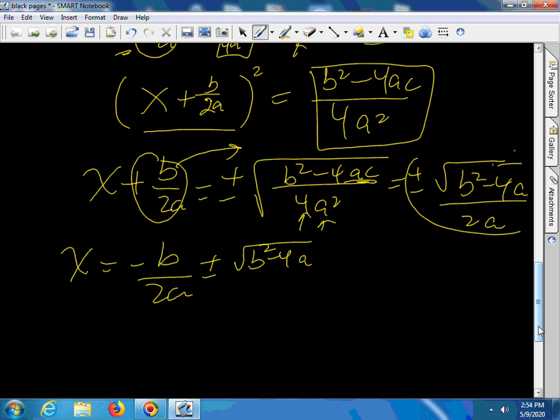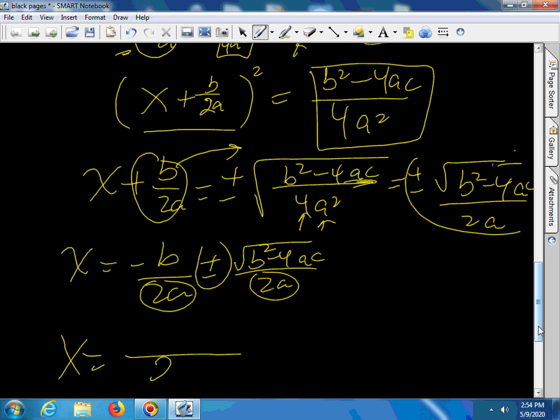This was 4ac. I don't know why I didn't put the c down. All over 2a. And we are done because in addition or subtraction, if you have the same denominator, keep it. And the top is going to be negative b plus or minus the square root of b squared minus 4ac.